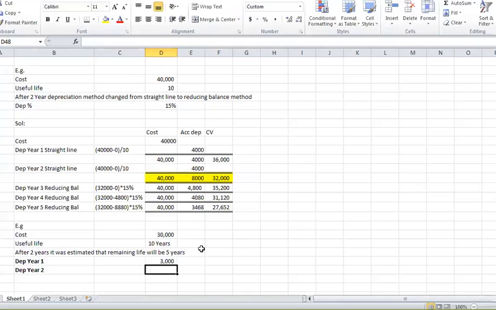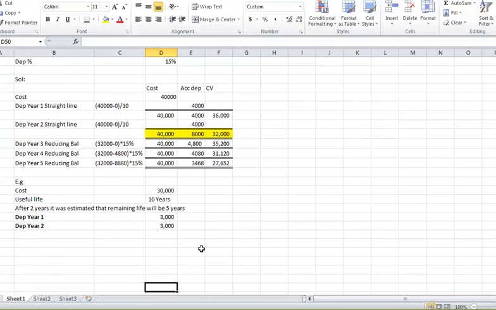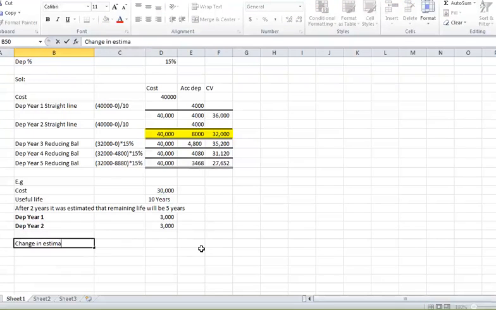And once again, in the year number 2, cost divided by useful life. In the next year, once again, depreciation is 3,000 pounds. Now, there is change in estimate. After 2 years, there is change in estimate.